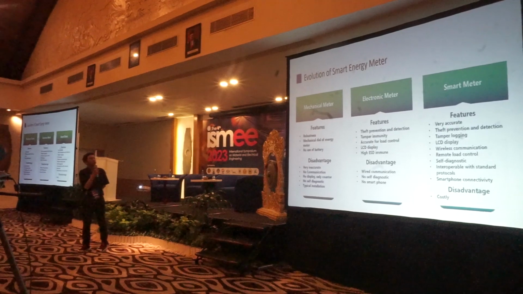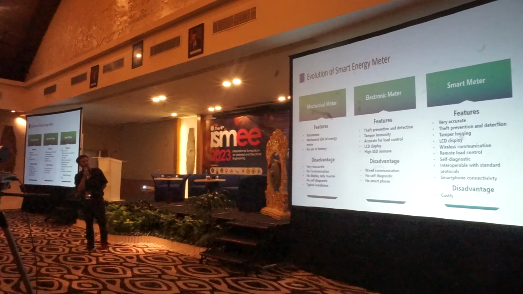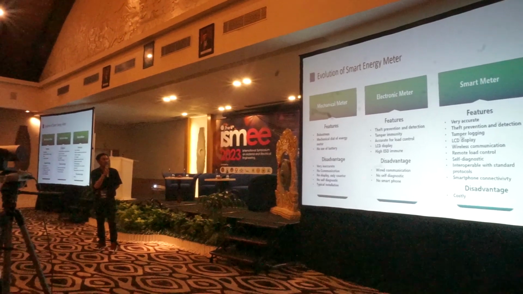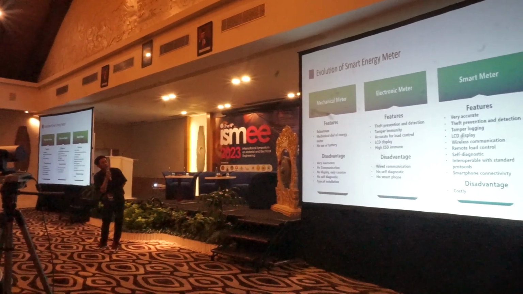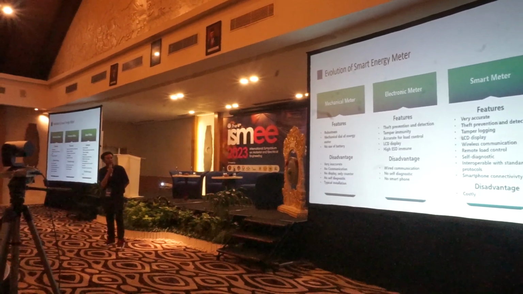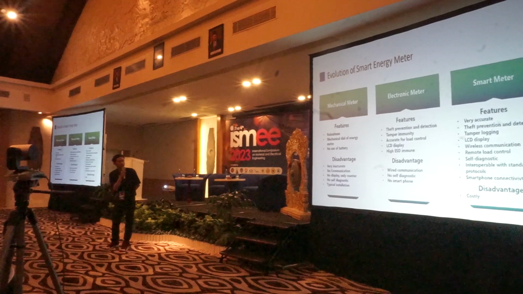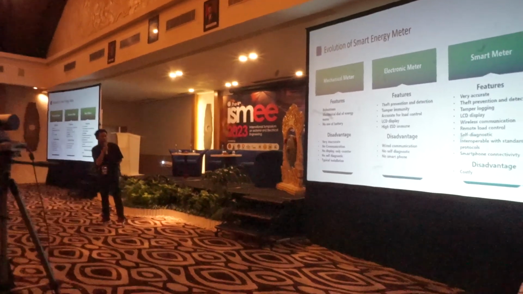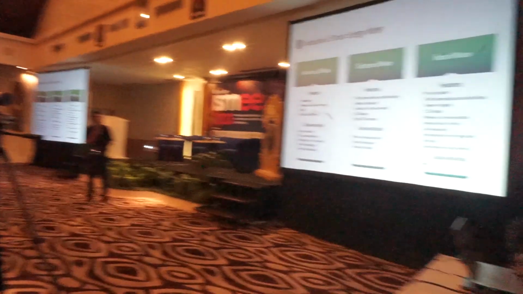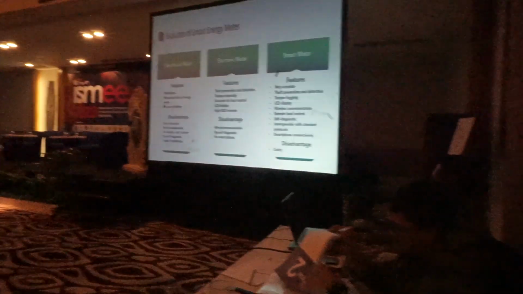And the second one is electronic meter. The features are prevention of theft and detection, tamper immunity, accurate for load control, LCD display, high ESD immunity. And the disadvantages are wired communication, no self-diagnostic, no smartphone.